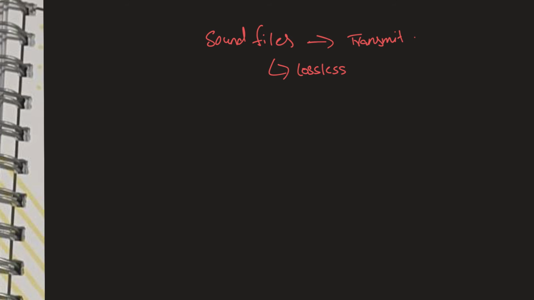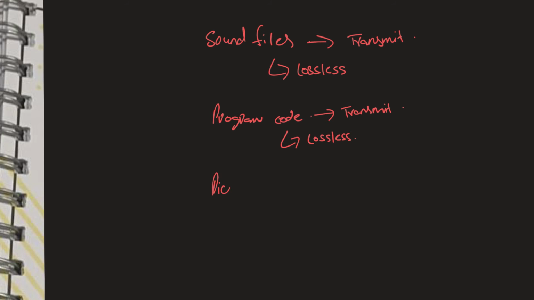If you have program code to transmit, you're going to use lossless here as well. Why is that so? You need all of the data to be reconstructed when the other person has to run your program.